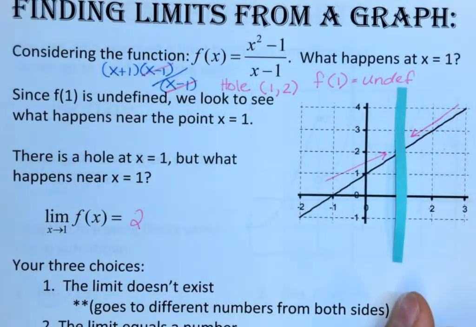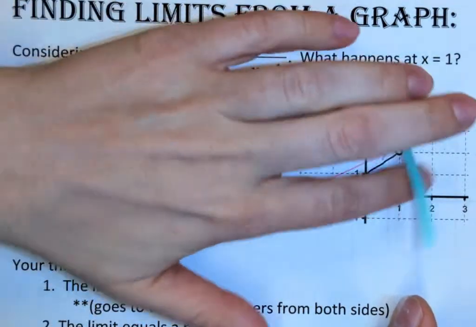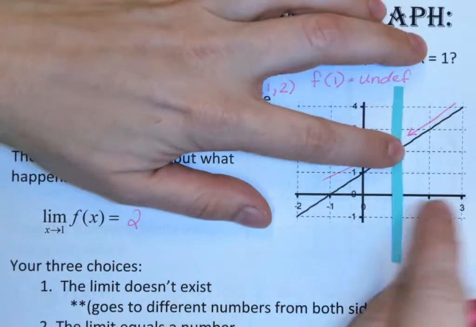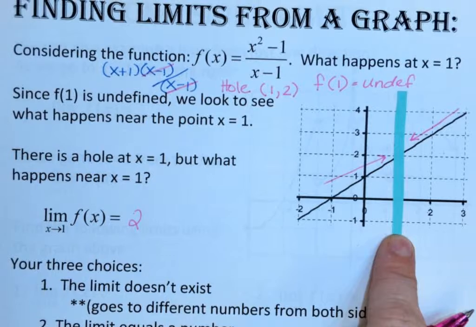That's what a limit is. The limit is not saying, oh, well, at 1 there's nothing. The limit is saying, as I go closer and closer to 1, what does it look like? Does that make sense? That's all a limit is.